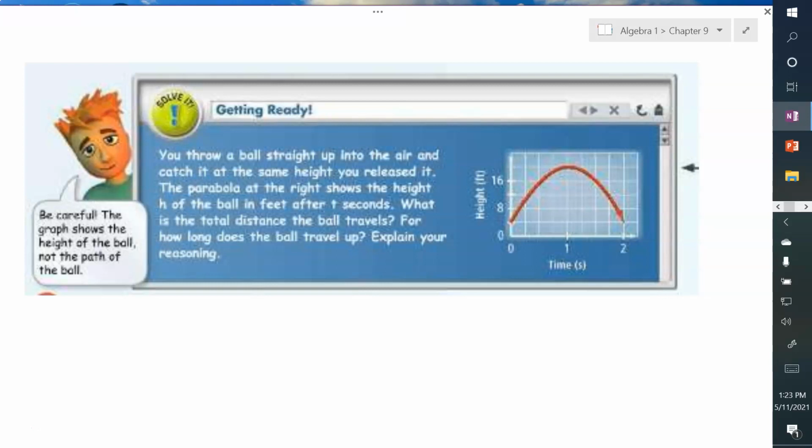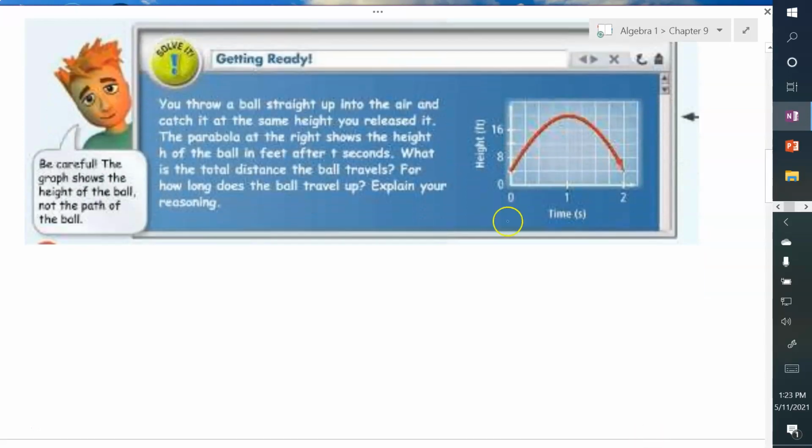So first of all, the total distance, well, it started at height 0. It went up to, looks like, let's see, 0, 8, 12. This looks like that's about 20. So it went from 0 up to 20.